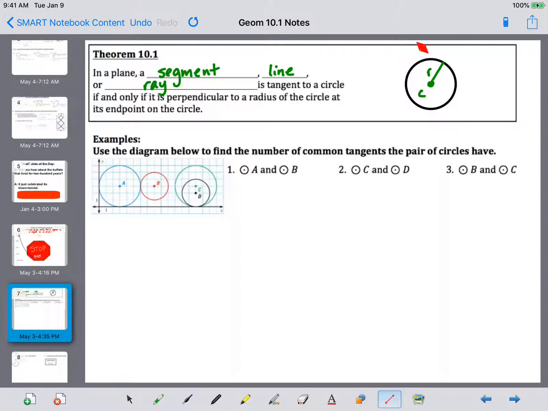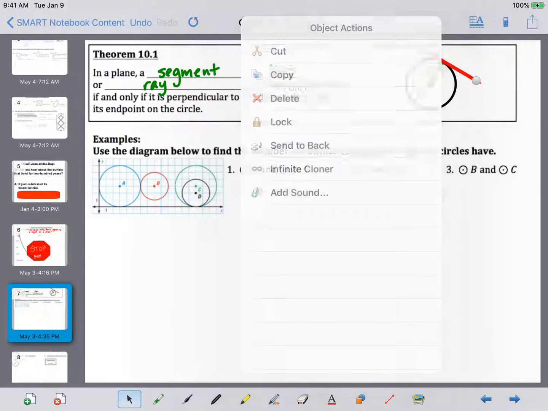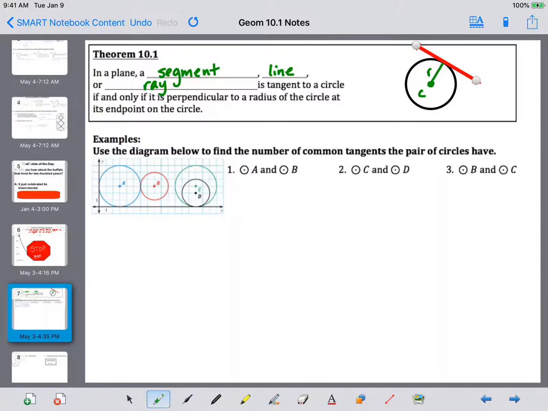If I have a line here, and that line is tangent to the circle right at that point, it turns out that that's only true if this is perpendicular. So it makes a right angle there. And if it makes a right angle, we can use all those fun facts about right triangles to solve for missing lengths and set up equations.